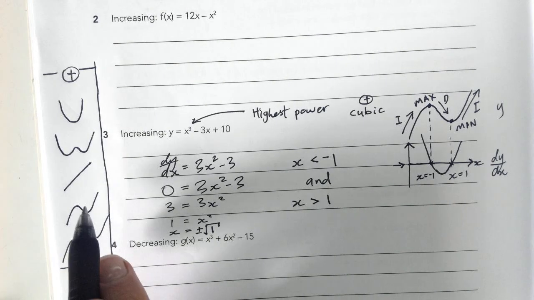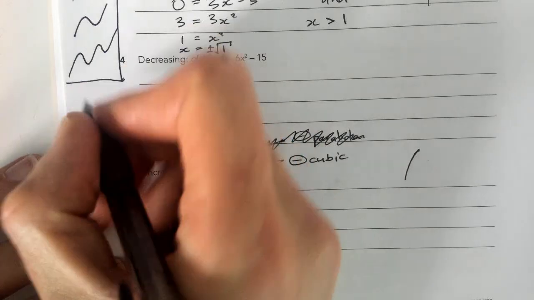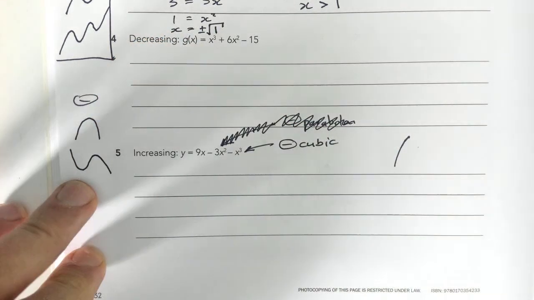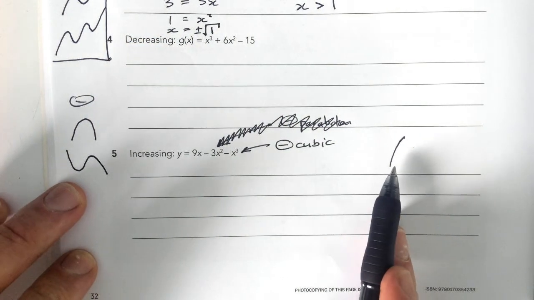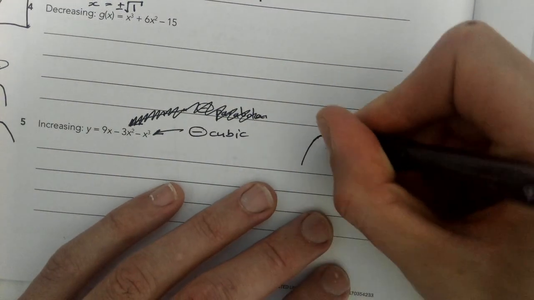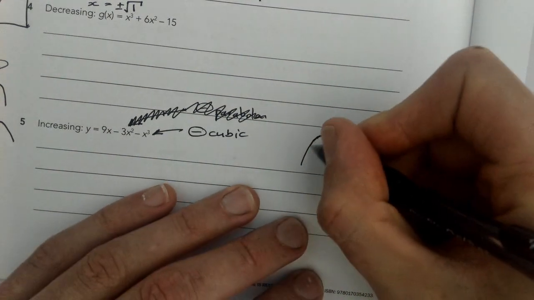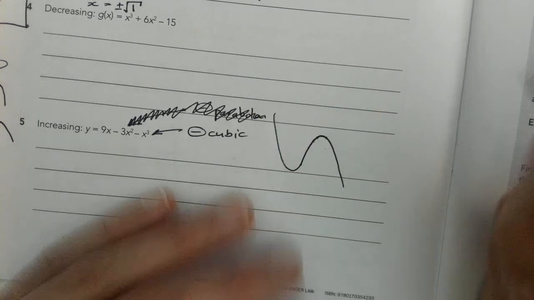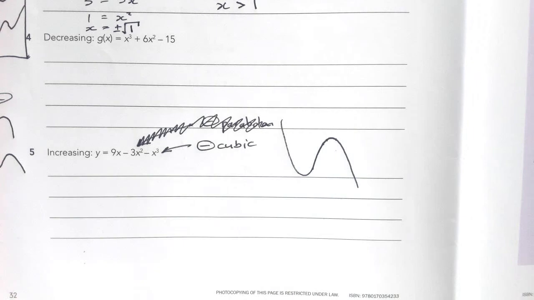But don't worry. Can I make this work to be a negative cubic? Not really. Because a positive cubic is overall increasing. That means a negative cubic is going to be overall decreasing. So can I make that fit into there? Maybe I can. Quite ugly. Oh well. Negative cubic.